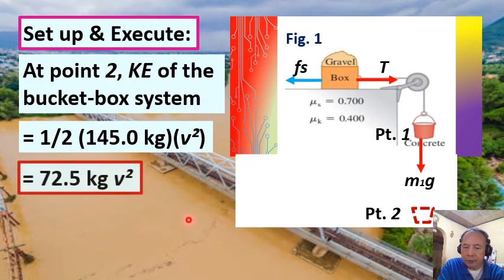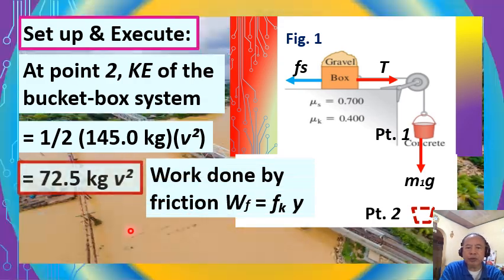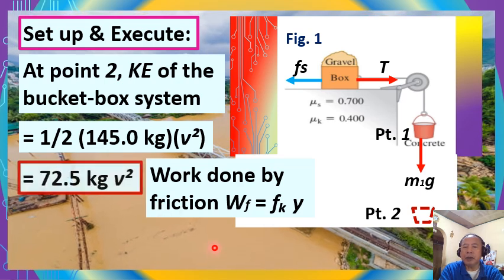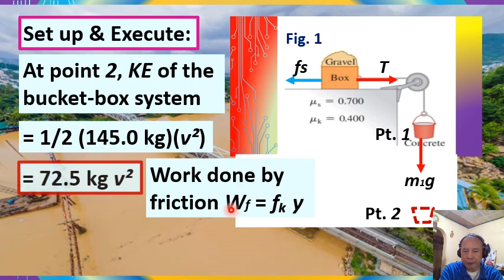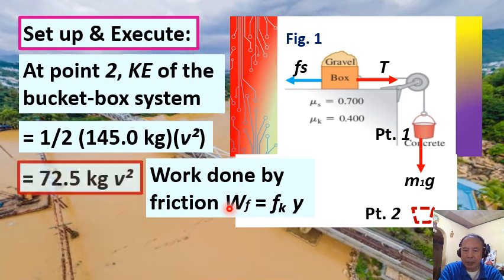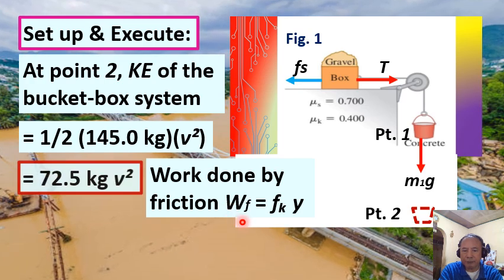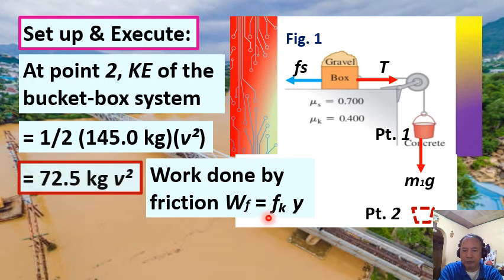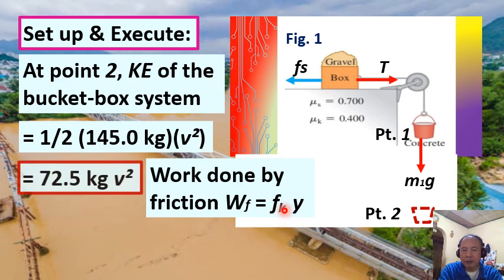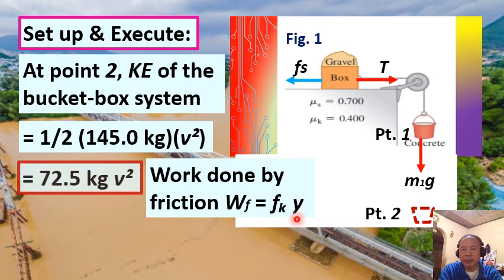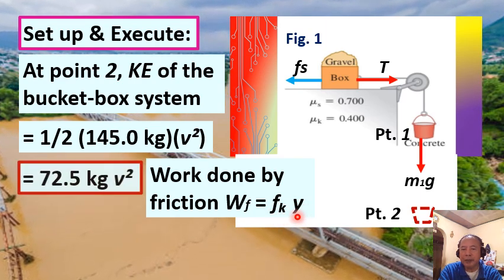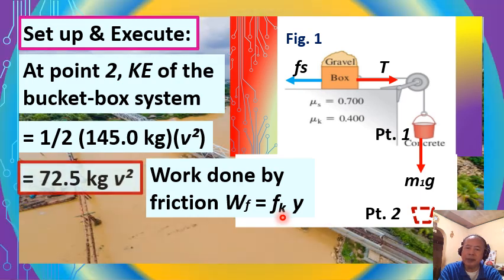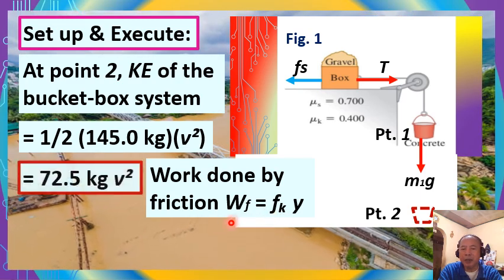And we also consider the amount of work done by friction, labeled here as capital W sub F. This is the work done by kinetic friction, Fk, multiplied by the vertical displacement y, which defines the work done by friction.